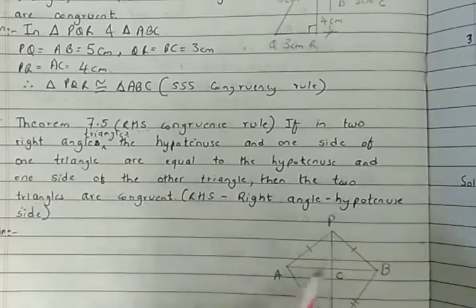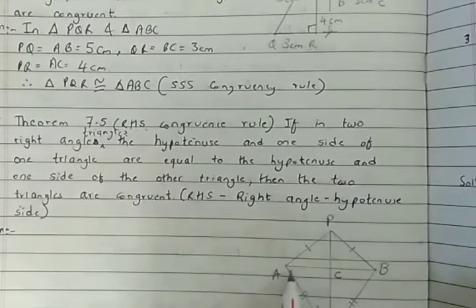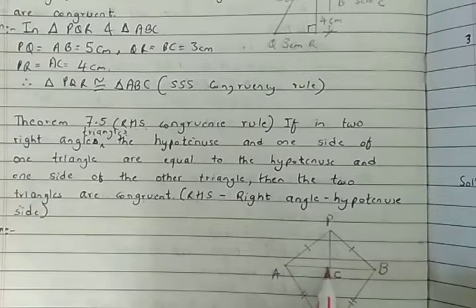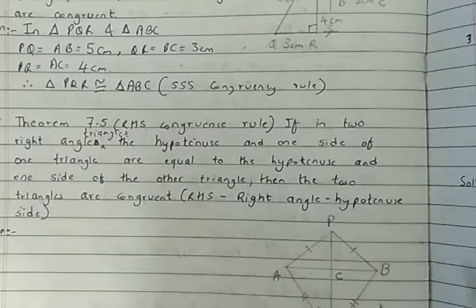That means the hypotenuse and one side should be equal, then you can say that the two triangles are congruent to each other.